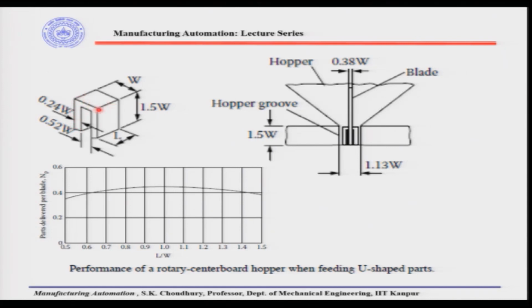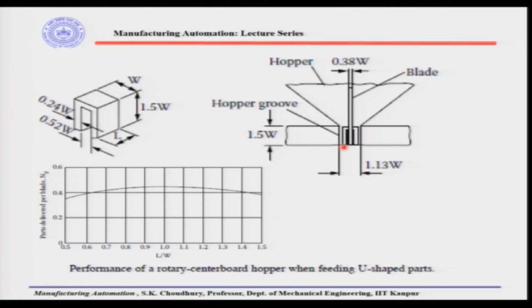For example, we have a U-shaped part, and in this part we have the width W and the height is 1.5 W. We have the length shown here, and the space inside where the blade will go is 0.52 W, and the width of the wall of the part is 0.24 W. So, depending on that, we can design the blade, the thickness of the blade, and the thickness of the space through which it will be going within the feeder, as it is shown.